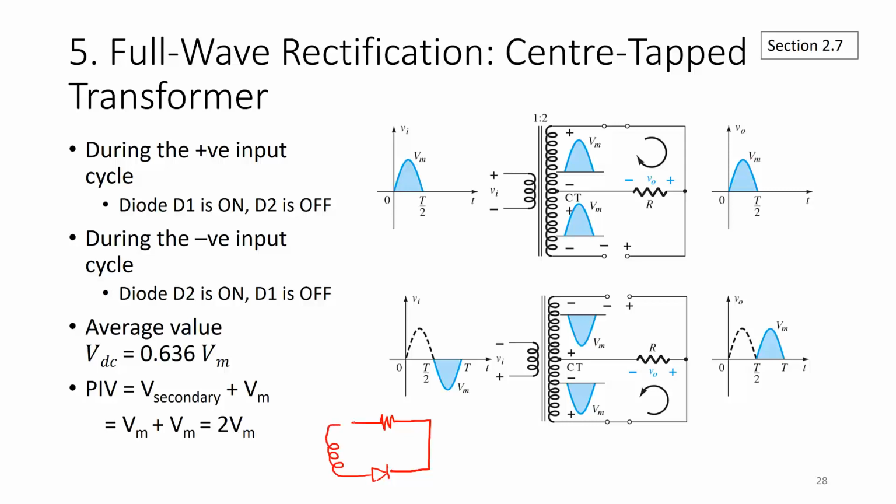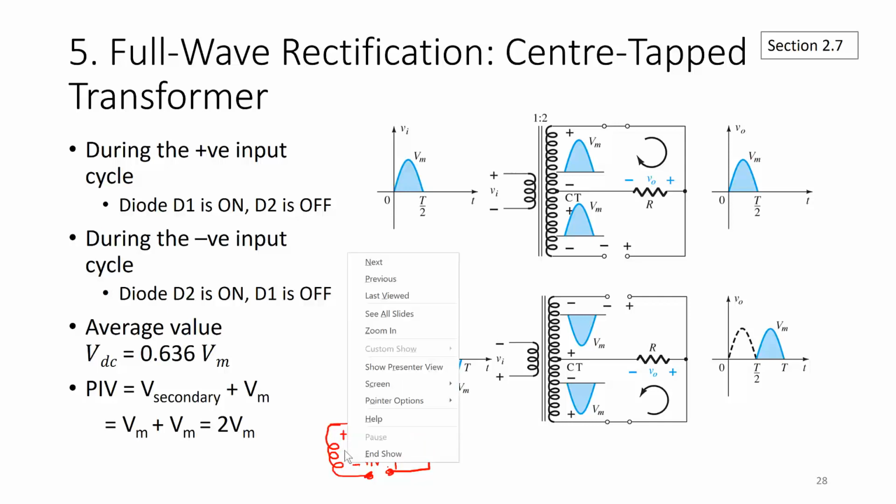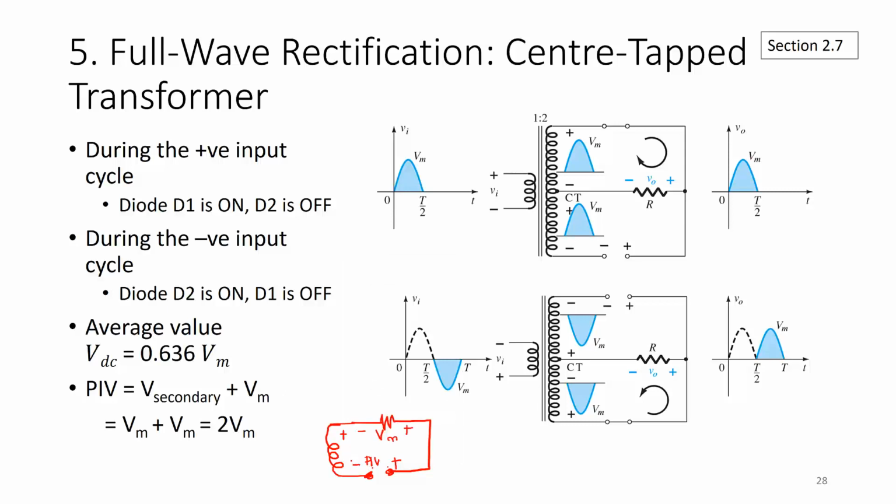For the peak inverse voltage, the voltage across V out has to be the maximum, but in this case this value at this bottom part of the winding is already Vm.